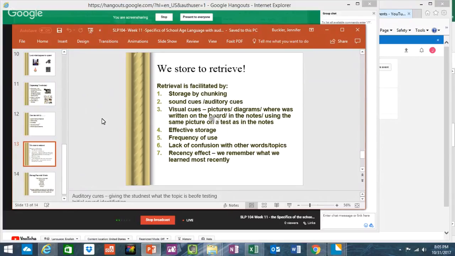So your phone number from your spouse or child, you might remember, but maybe your colleague's phone number you don't. Why? Because you don't use it as often, and now in this day and age, we don't use phone numbers as often as we just use their name to retrieve how we would call them on our phone.